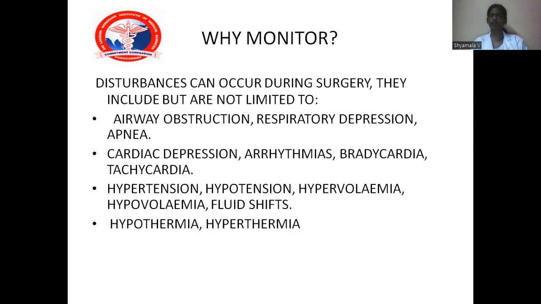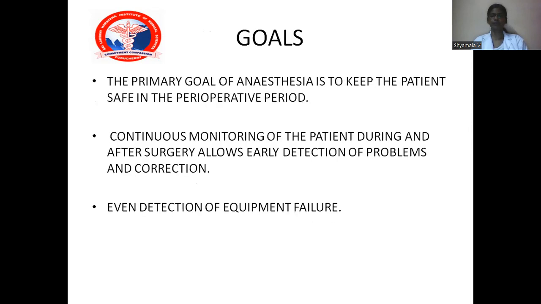As I said before, various disturbances can occur during surgery, like airway obstruction, respiratory depression and apnea, cardiac depression, arrhythmias, bradycardia, tachycardia, hypertension, hypotension, hypervolemia, hypovolemia, various fluid shifts, hypothermia and hyperthermia. So we have to monitor these parameters continuously, and once disturbances occur, we have to detect early and treat promptly.